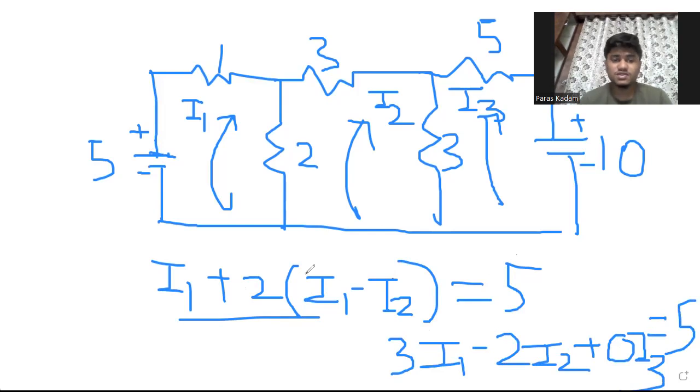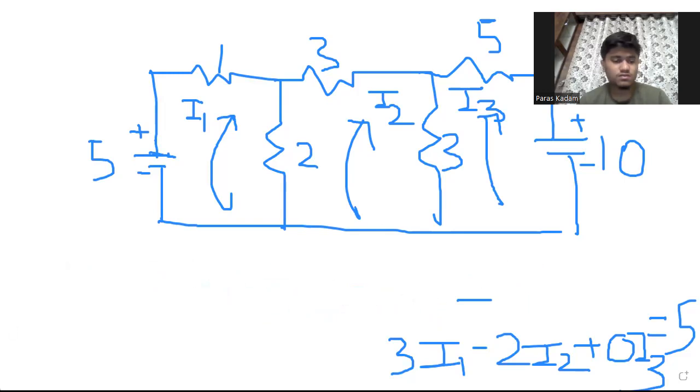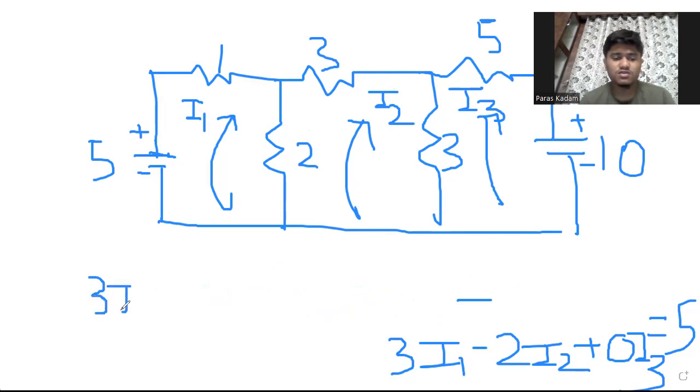Now I will solve my second equation. In the second mesh, we can see I2 is flowing through the 2 ohm and 3 ohm resistors. First we will consider this 3 ohm resistor where only I2 is flowing. So we will write 3 I2 as per KVL. Then through this 3 ohm resistor, I2 and I3 both are flowing, and as we are considering the second mesh, we will consider I2 minus I3.